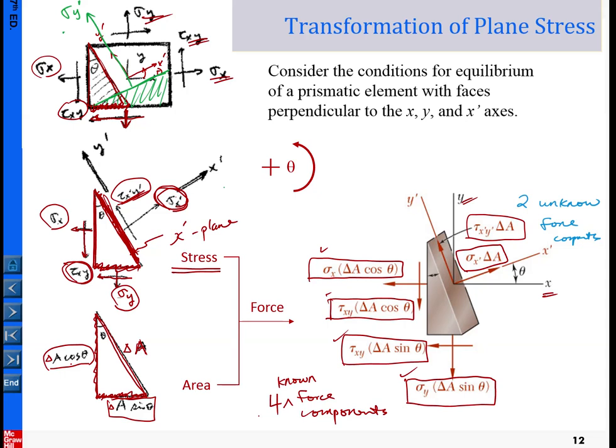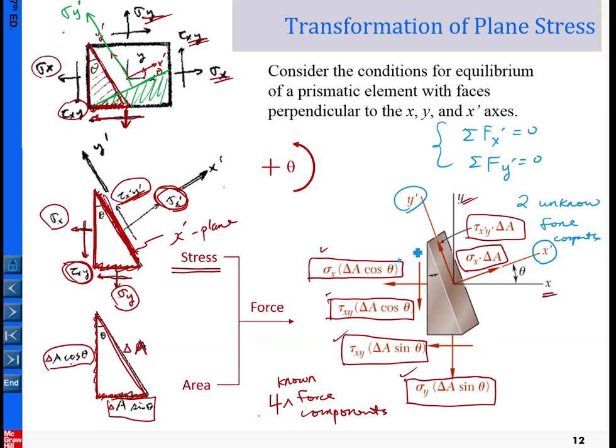Now in this way we simply take the equilibrium equations: the force in the x prime direction equals 0, and the force in the y prime direction equals 0. We simply take the force equilibrium in the x prime and y prime directions, and you do careful projections.